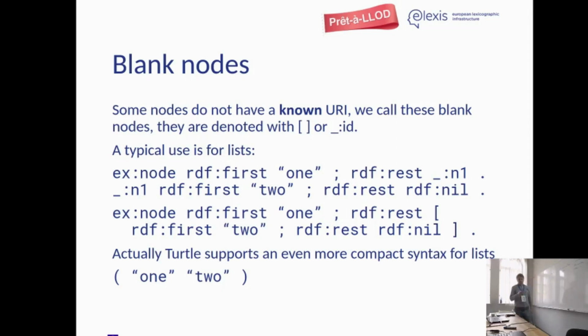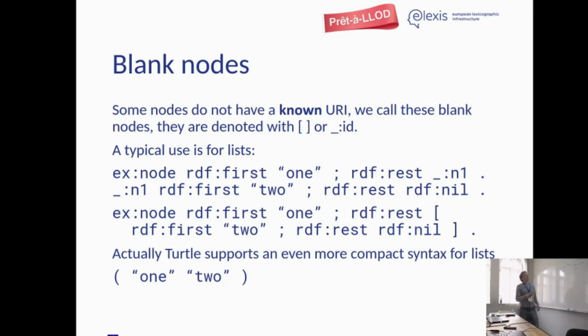A blank node is most typically represented in a Turtle document with a special namespace called underscore. Underscore is like a wildcard, right, in many languages. I think this comes from Haskell originally, but if you've programmed in Scala, you might also be used to this.